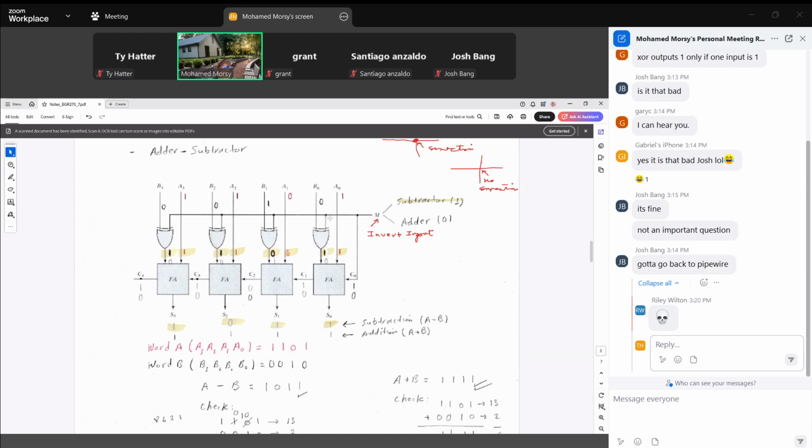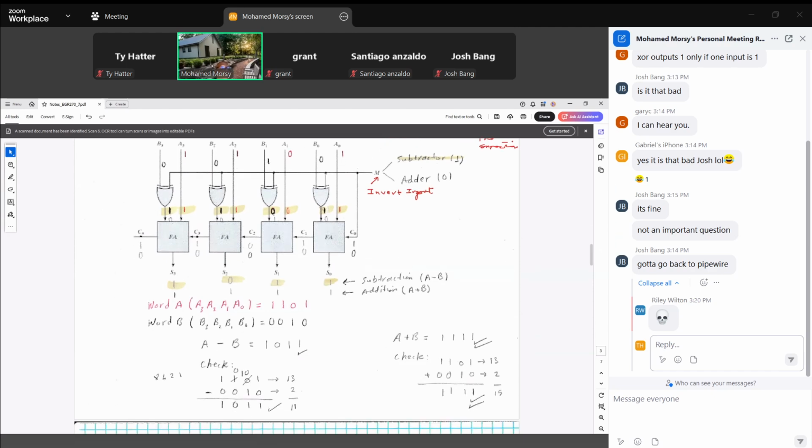So when we put 0 here, now we talk about these other inputs for the full adder. 0 gives 0, 1 gives 1, no change for the input, because we just add here, so we don't change anything. 0 gives 0, 0 gives 0. Of course, the word is the same. And of course, the new carry here is 0. So 1 plus 0 is 1, plus 0 is 1, with carry 0.